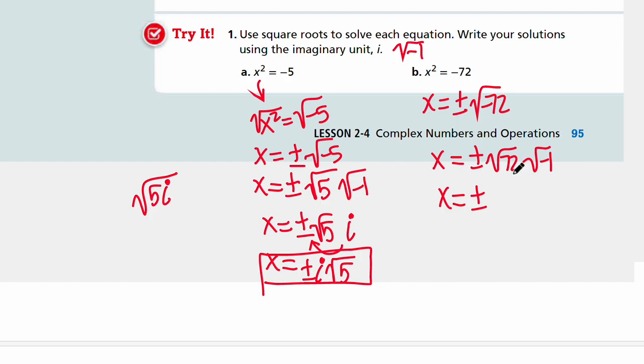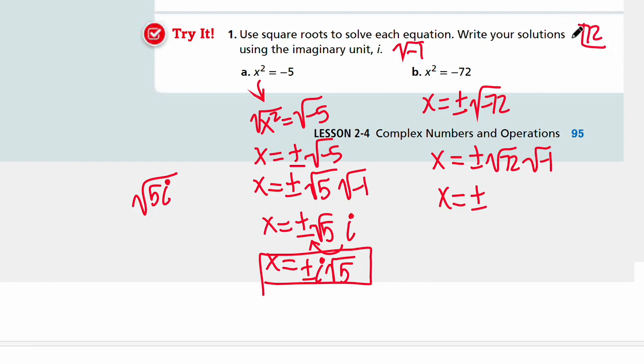So what are some perfect squares we can think of that are close to 72? 49 is, so 49 would have a root of 7. What about 8? 8 squared would be 64, and then 9 squared would be 81, right? But can we factor 72 out?